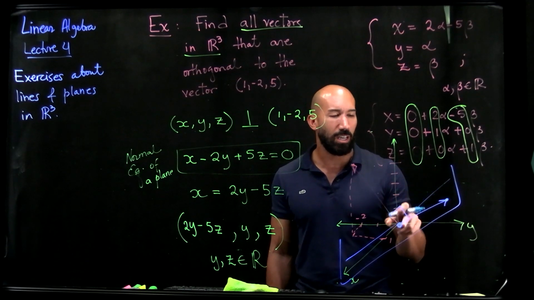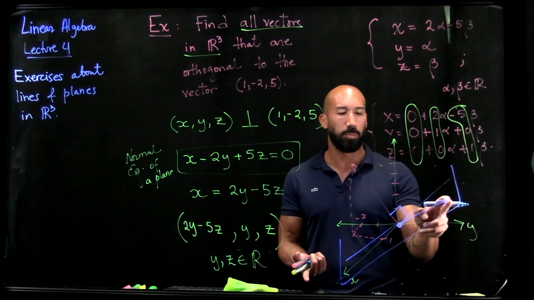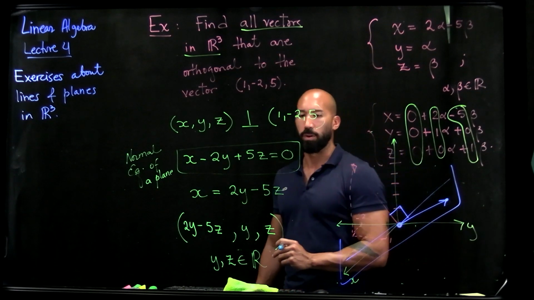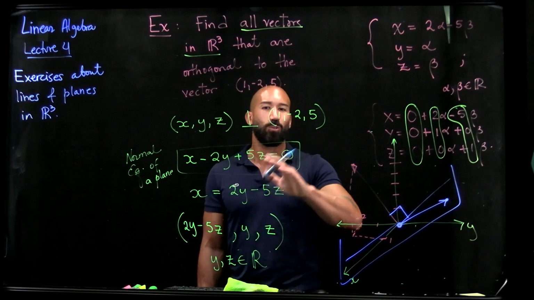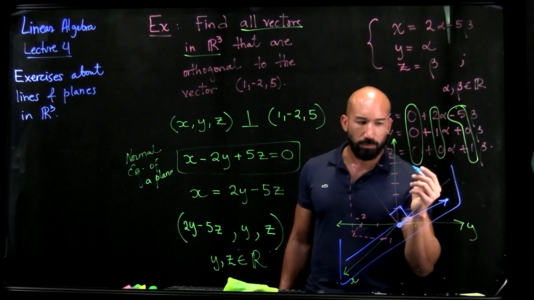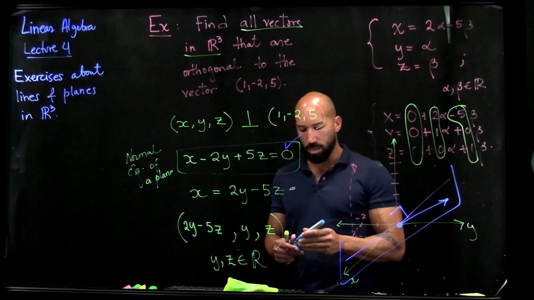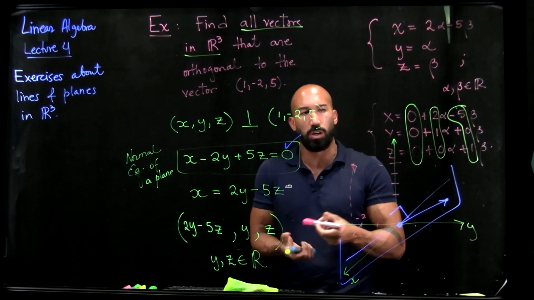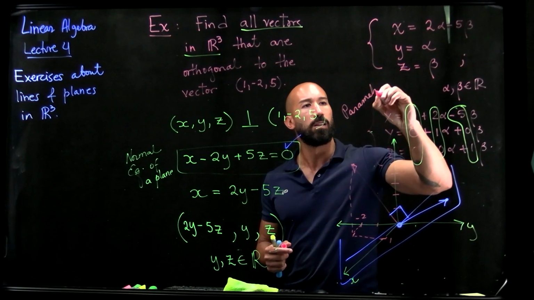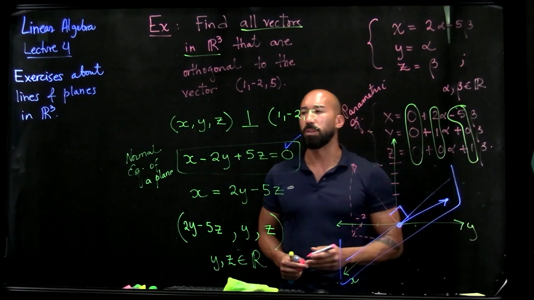I'm not only claiming that the points are on the plane; since the plane is passing across the origin, the whole vector is going to be on that plane as well. So all the vectors that are orthogonal to this one form a plane whose normal equation is this one and whose parametric equation is this one. And now we know that the solution to this problem is this plane here, which can be described either way.